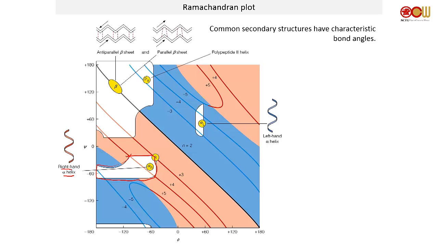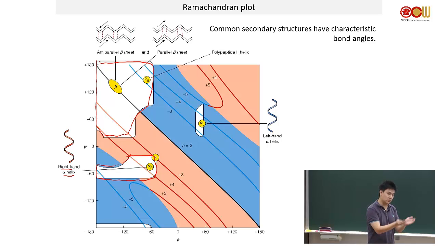Beta sheet generally has phi and psi angles towards the top left. So what this tells you is that when your amino acids have these phi and psi angles, they tend to form beta sheets or alpha helices.